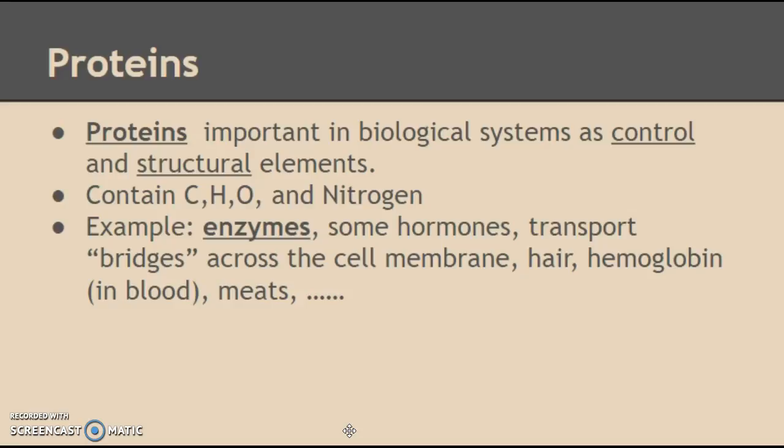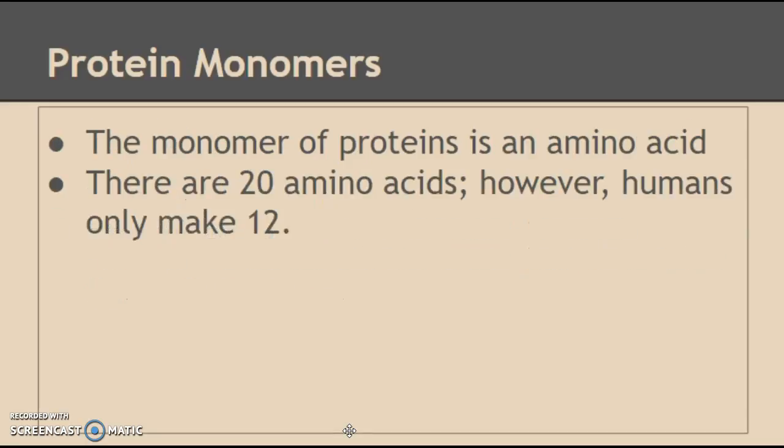Hair, hemoglobin, meats, all kinds of these have proteins in them, and not all proteins are exactly the same. The protein monomer is an amino acid. There are 20 amino acids. Humans only make 12, so the other 8 must come from what you eat and drink because you still need all 20.